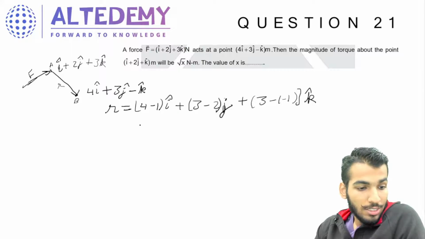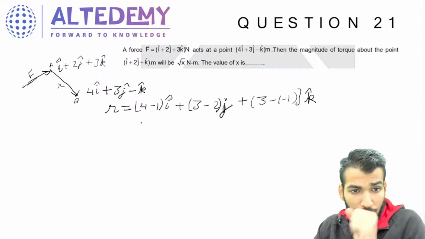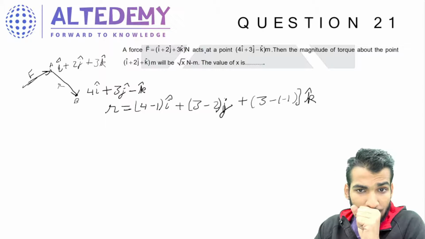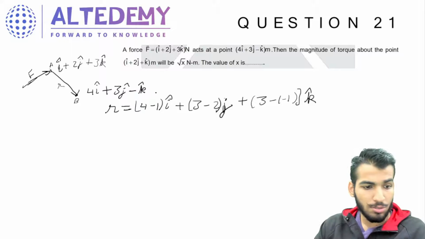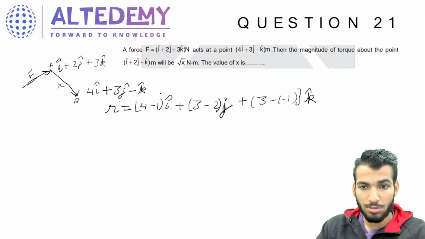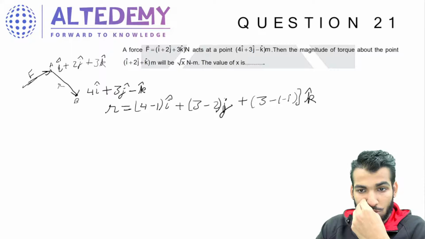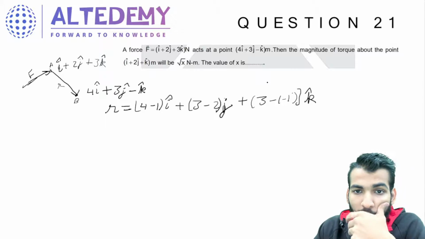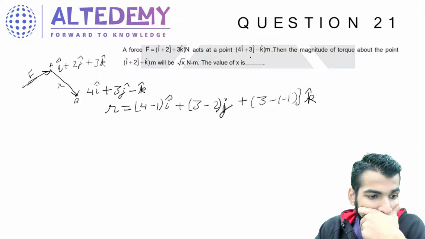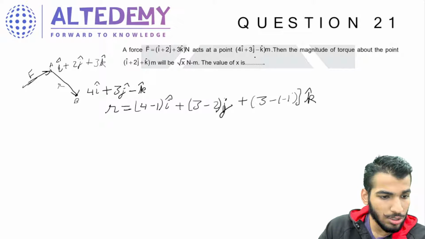So what will this result in? 3I plus j plus 2k. I believe there's something wrong with this question.